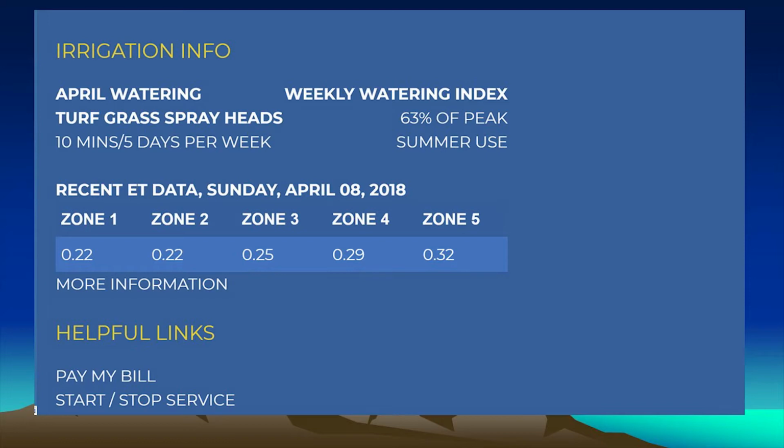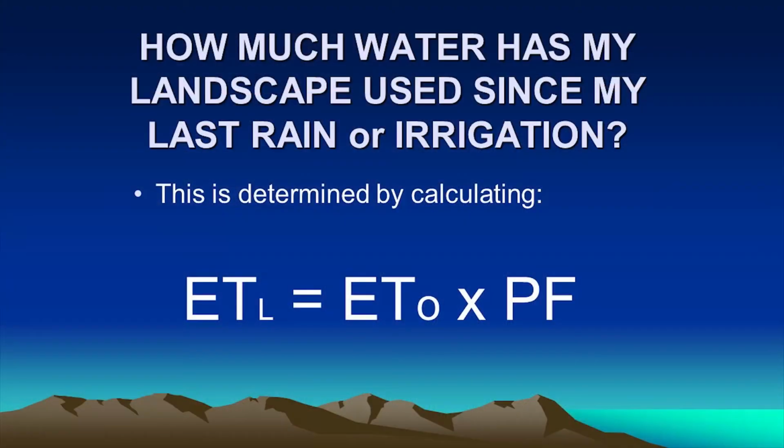Watering index is suggested watering time, and the ET for each zone. Right? So all you got to do is go to cvwd.org. And if you want to get into the history and more data and take a look at the map and blow up the map, you go to the website. And I'll give you a handout so you can do that.